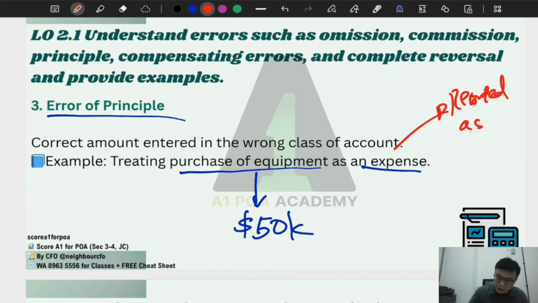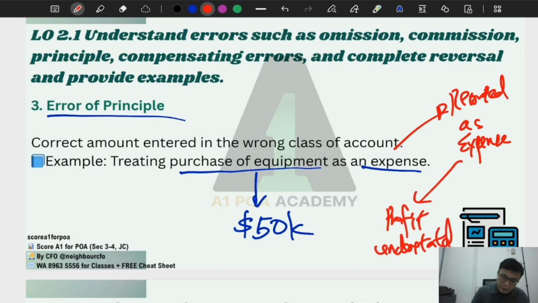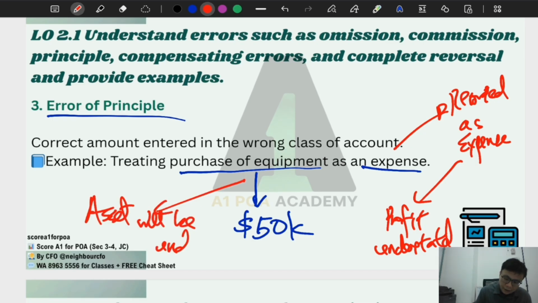When you record it as an expense, your profit will be understated and your asset will be understated as well. That will be the consequence of treating the purchase of equipment as an expense, or it can be vice versa: an expense treated as a purchase of equipment.